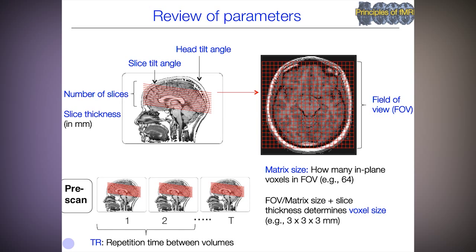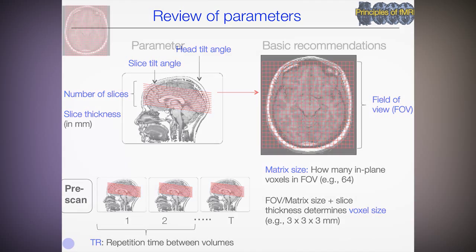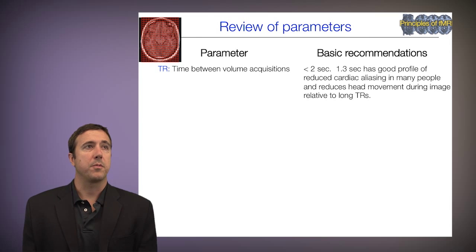And the voxel size is determined by the field of view divided by the matrix size, and also by the slice thickness. So 3 by 3 by 3 millimeters would be in terms of the X, Y, and Z directions. And isotropic voxels mean ones that are equal in magnitude across all dimensions.